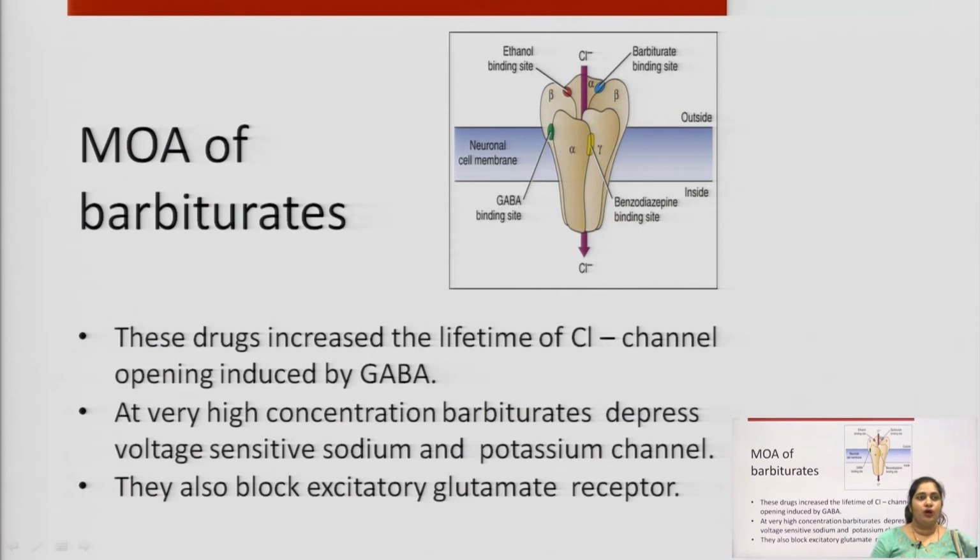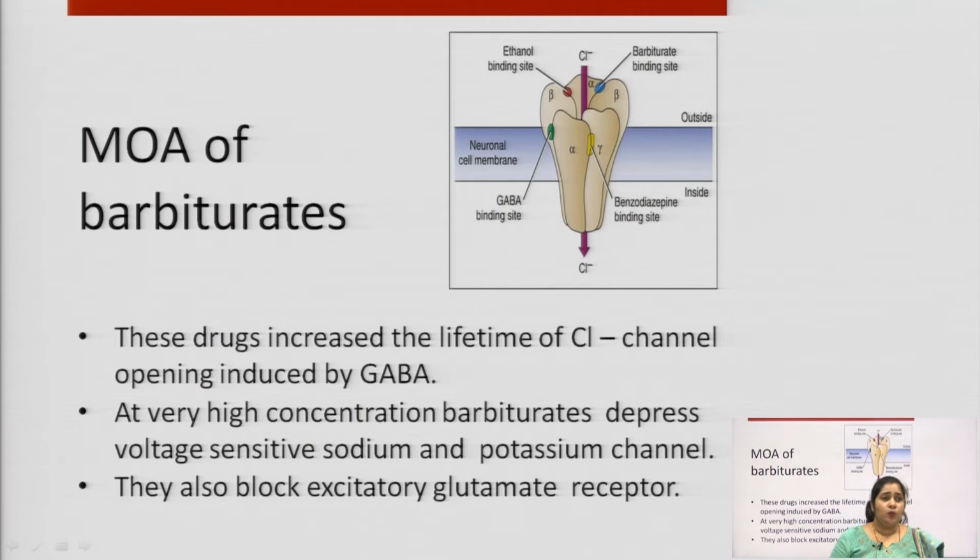Now we will talk about the mechanism of action of barbiturates. These drugs increase the lifetime of chloride channel opening induced by GABA, meaning again they enhance the activity of GABA. GABA induces the channel opening and leads to hyperpolarization and hence CNS depression.